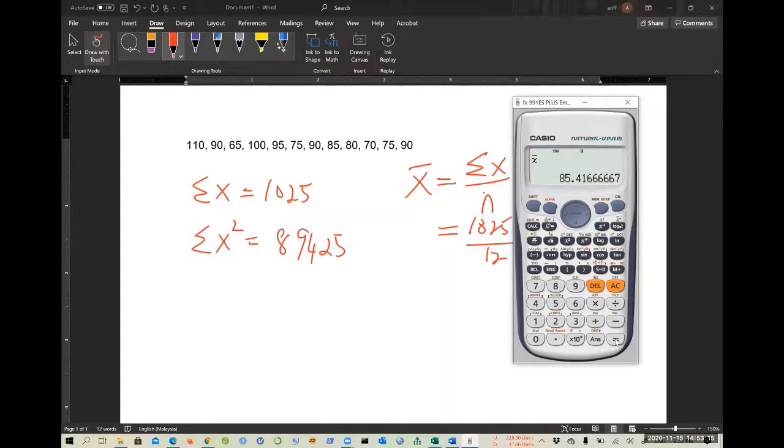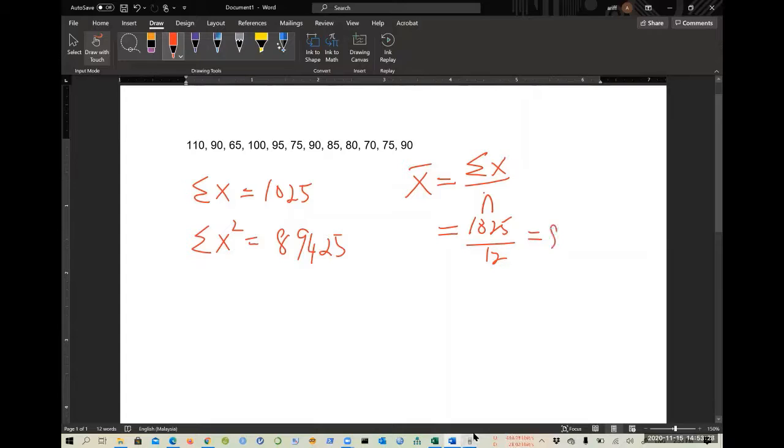So you get the answer to be 85.416667. Okay, so that is for x bar.